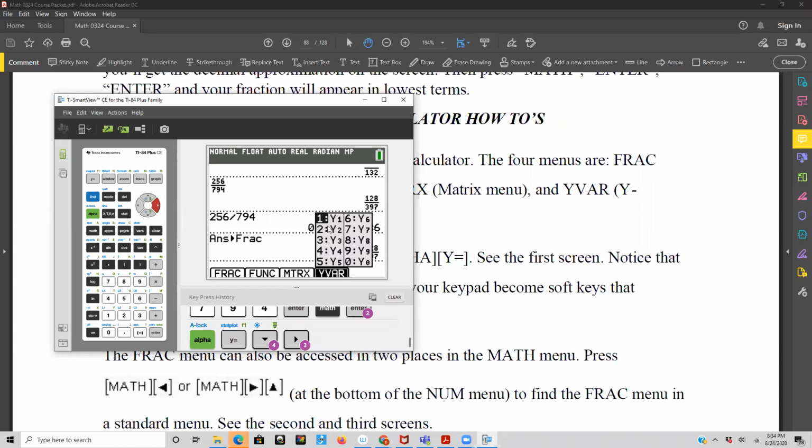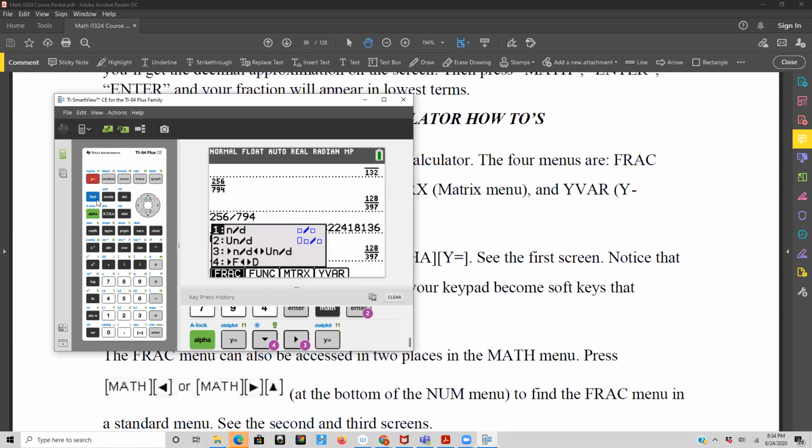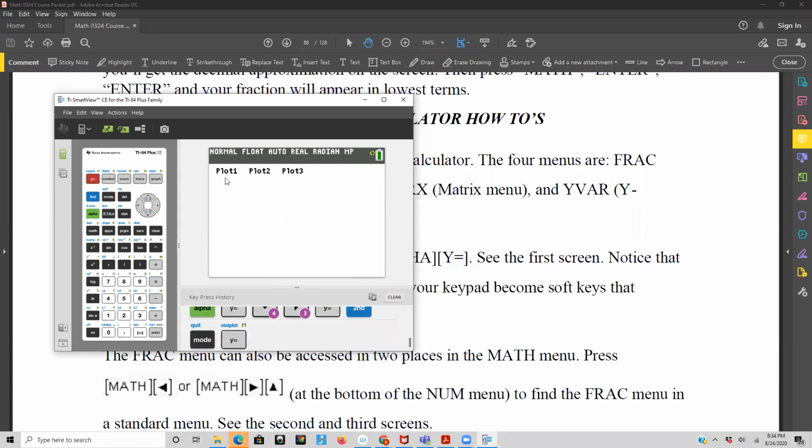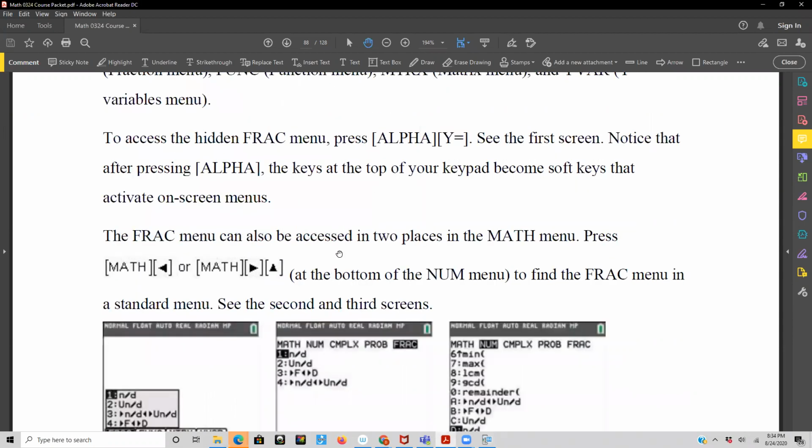So if I pick Y1, then that's the same as going into Y equals, oops, get out of there, second quit. All right, Y equals, and that's the same as this Y1 here, but we don't need to worry about that. That hidden menu is only on an 84, it's not on an 83, so it really honestly doesn't do anything.